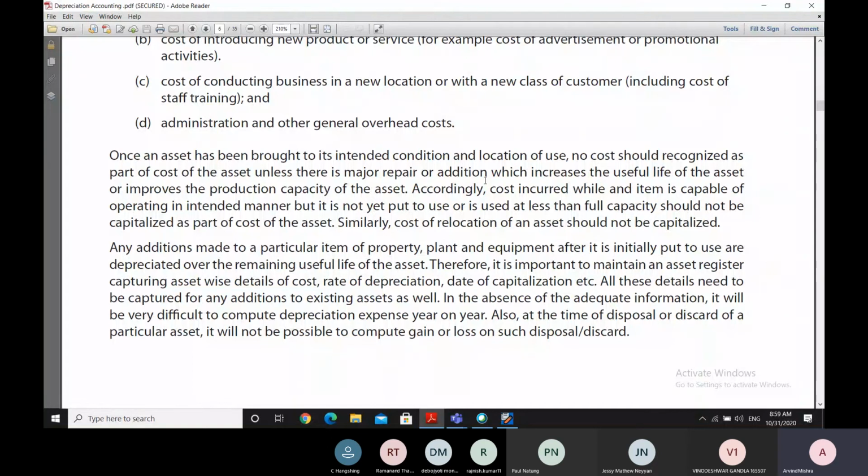So what we are saying is that once we have brought the asset to the condition as well as the location of use, after that we should not be recognizing any other cost except a major repair or addition which increases the useful life or the production capacity, and any other small costs which are incurred thereafter should not be added to the cost of the asset.